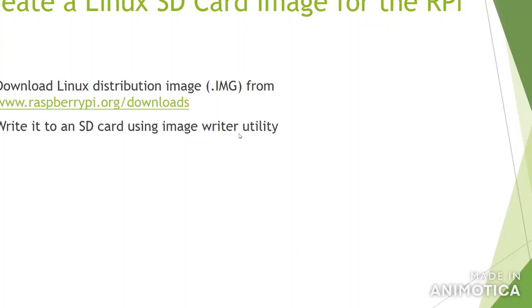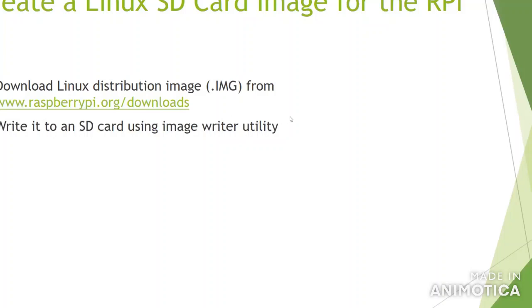Actually, most of the time when we purchase a Raspberry Pi, it comes with an SD card, and the Linux distribution image is already written to it. What you need to do is just install the Linux system. So most of the time you don't really need to download this image and write it to the SD card using the image writer utility, but you want to know how to do it.